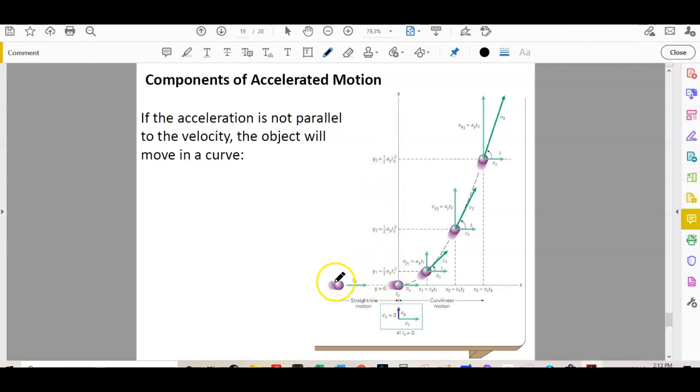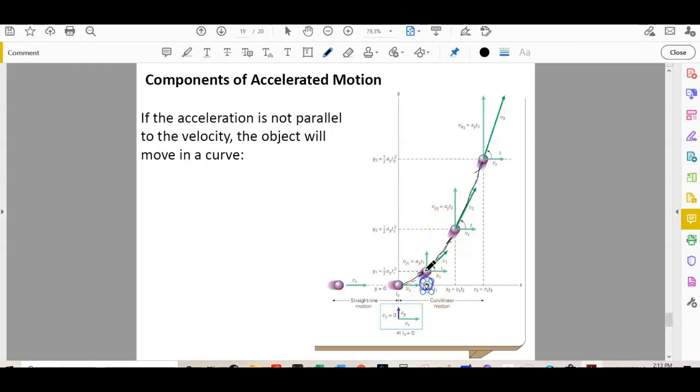So if an object was turning, and the person had their foot on the accelerator and is turning at such a rate that, starting here, it went to here, and then it went to here, and then it went to here.